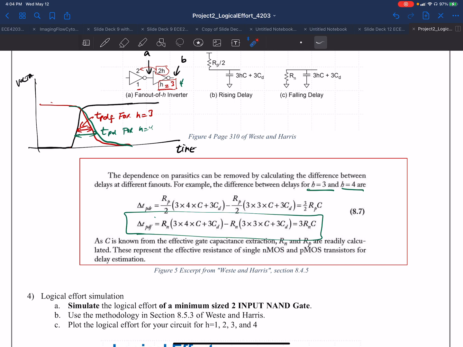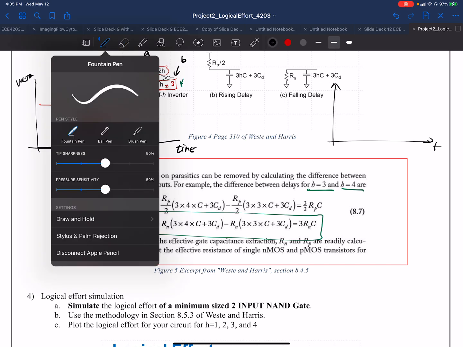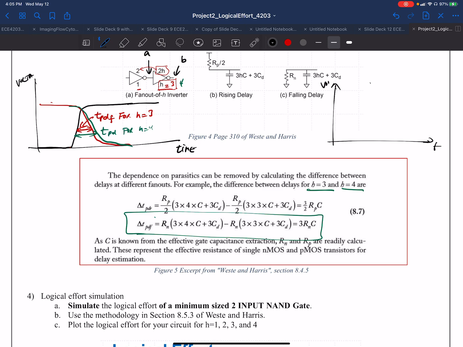You do the same for rising prop delay, exactly the same thing, except you are looking at time and voltage, and then your input's doing this, A, and you've got two cases.